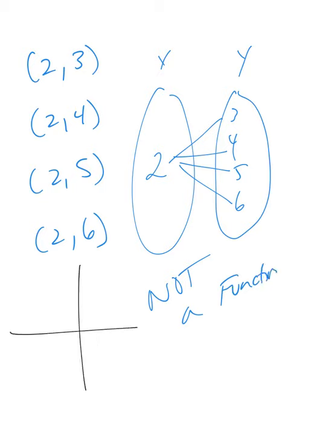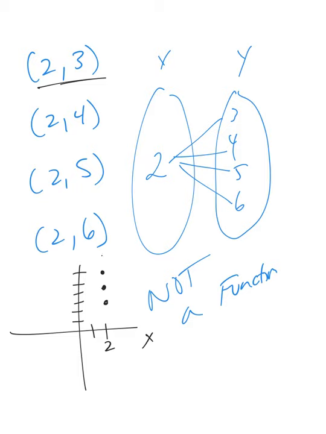Do you know what this graph would look like if I graph these points? Your x value was 2, right? And then 1, 2, 3, 4, 5, 6. So my 2, 3 could be right there. 2, 4 would be right above it. 2, 5 would be right above that.